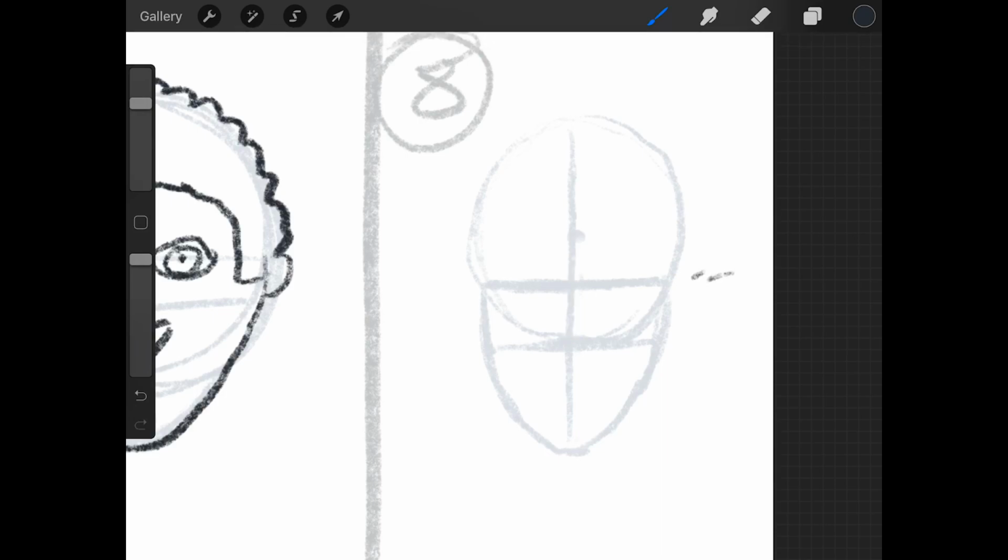And the eye line is halfway between the center of the circle and the bottom of the circle, which also makes it halfway between the top of the head and the bottom of the chin.